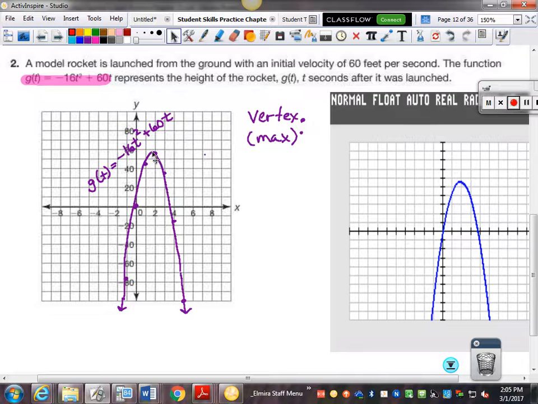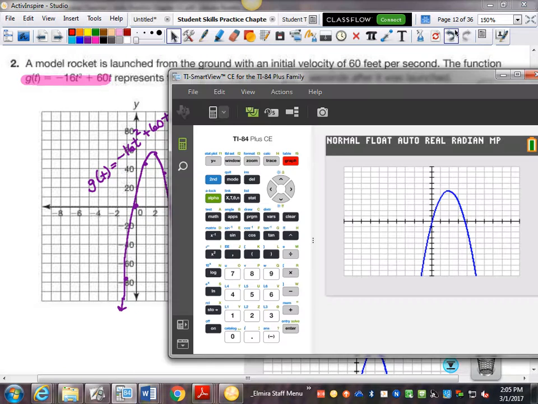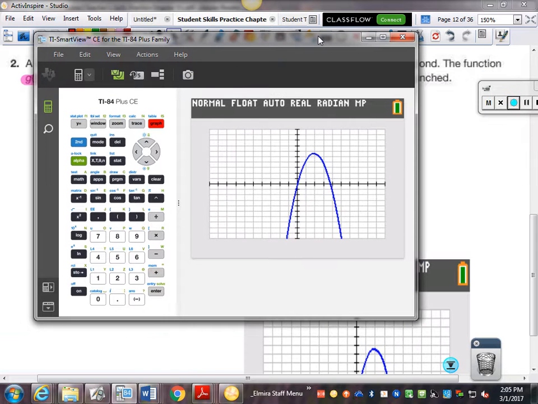But if you look at my graph and even the calculator one, the vertex is not perfectly on a line. It's not on that 2. So, unfortunately, we can't just pick it off the graph and write it down. Our calculator will calculate it for us.